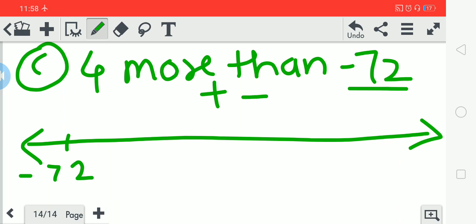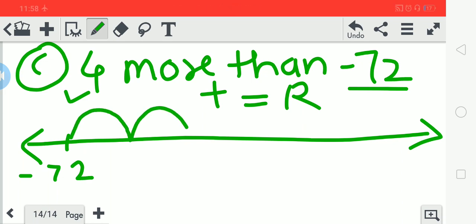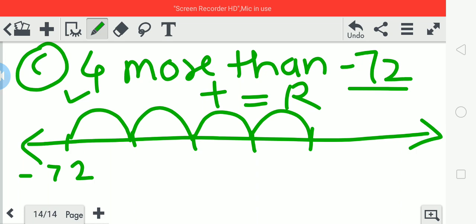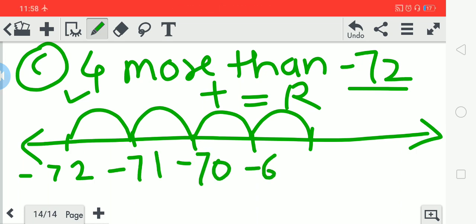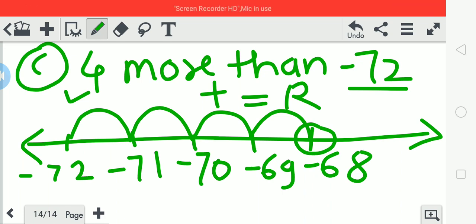Addition or plus means we are moving to the right side. Here you have to take right side 4 moves, right? So I will take 4 moves, 1, 2, 3, 4. I will assign numbers now. Minus 71, minus 70, minus 69 and minus 68. Your fourth move is accomplished at minus 68. So answer of this question is minus 68.